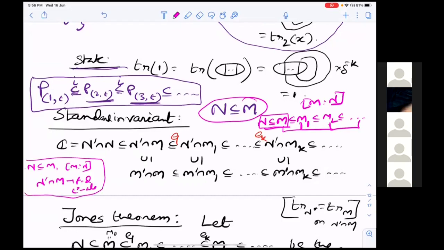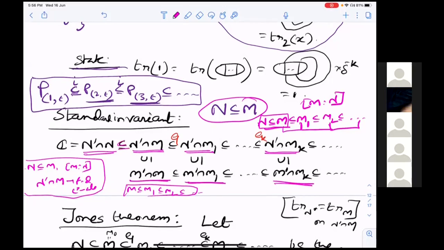Then I have proved that each of these, N' intersect N, N' intersect M, N' intersect M_1, called the higher relative commutants, are all finite dimensional C-star algebras. Similarly for the chain M subset M_1 subset M_2, the same thing will happen.